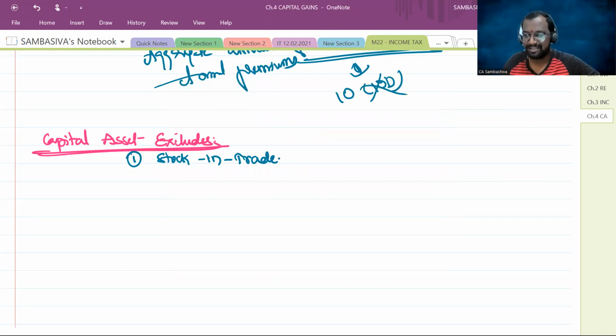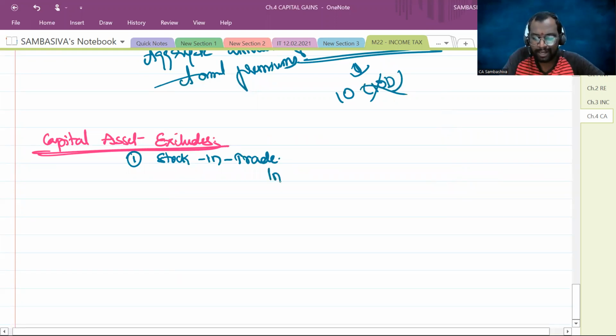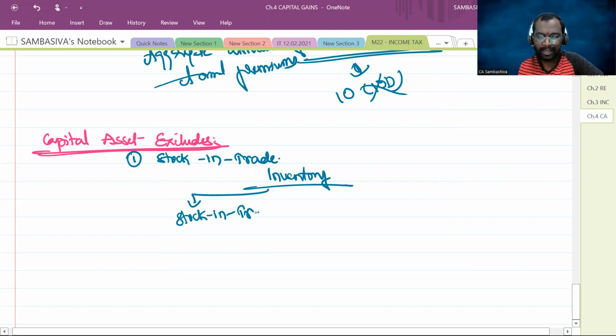Are you following? See, if you have any inventory in your business, if you are trading that inventory as stock in trade, any gain or profit resulting on transfer of this particular stock in trade will be taxable under the head PGBP.